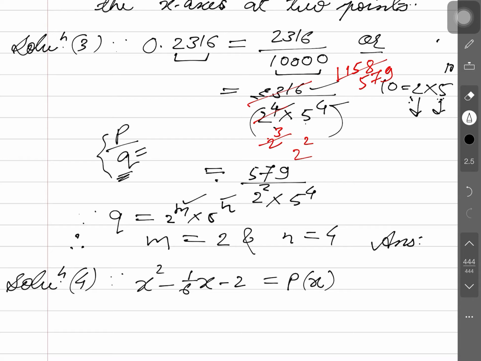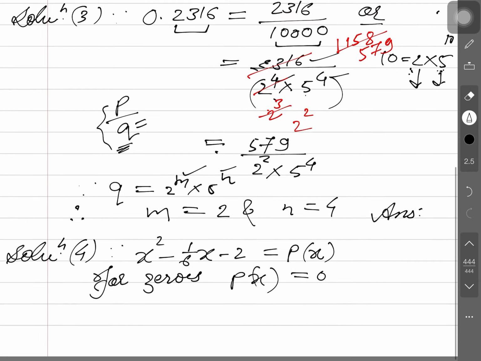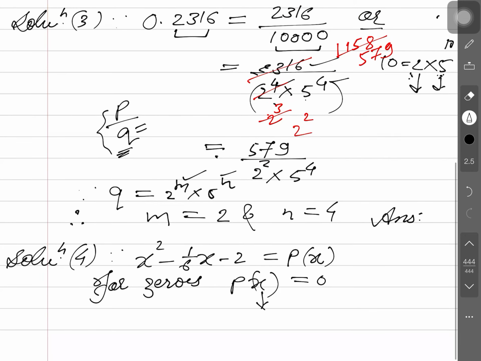The method of finding zeros: the polynomial is to be taken as zero. Exactly those values of x we are to find out, on putting which the polynomial gives you 0. Is that clear now? So this can be written here, x square minus 1 by 6x minus 2 is equal to 0.